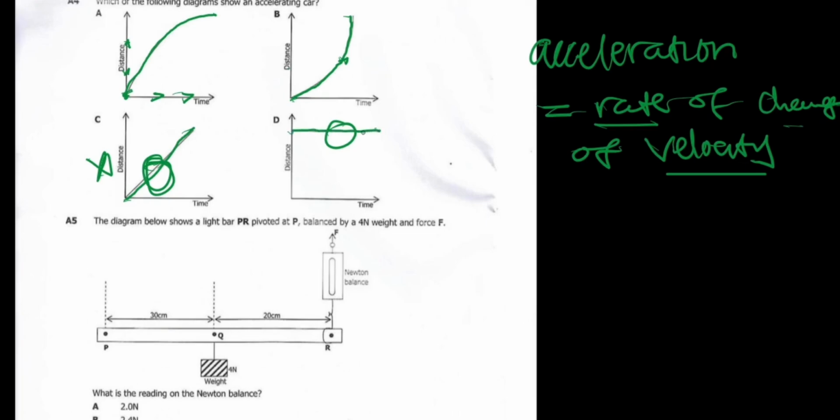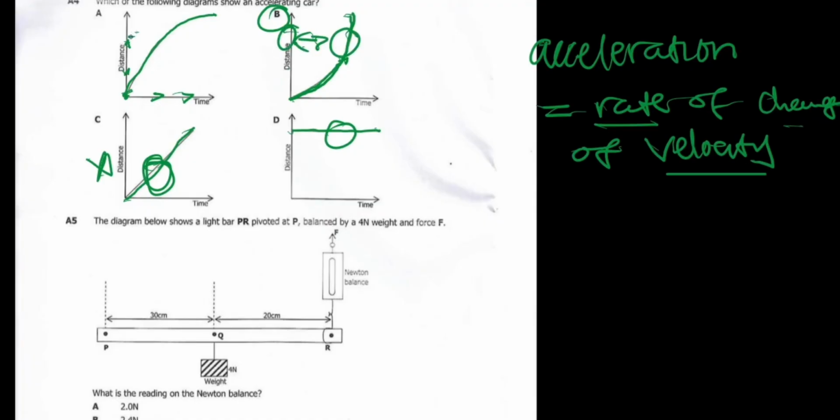It is not changing. So the best answer for this particular question is actually option B, because it shows that this velocity is changing positively with time. When the slope is steeper like this, closer to the y-axis, just know that that is positive acceleration.